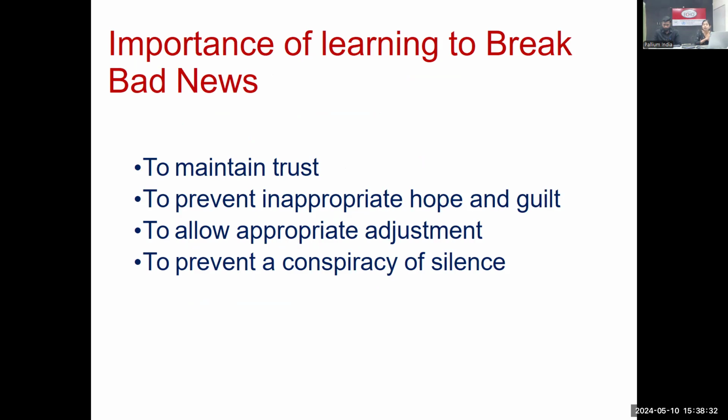As I said, to prevent inappropriate hope, a lot of false hope will be there, everything will be all right, and a lot of guilt will be there. I should have taken her to this hospital, which has the best facilities. Maybe I should have taken my mother there. A lot of guilt will be there. In order to prevent these, you need to sit with the caregiver or the patient and communicate bad news or whatever the information is.